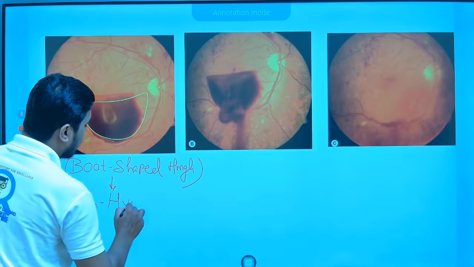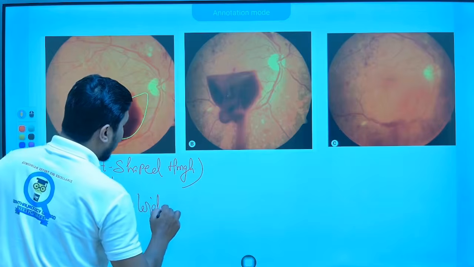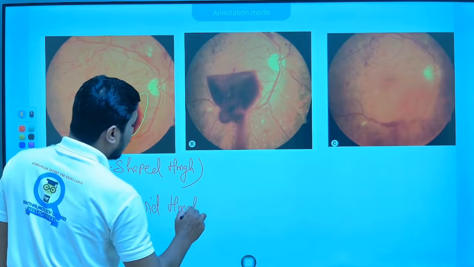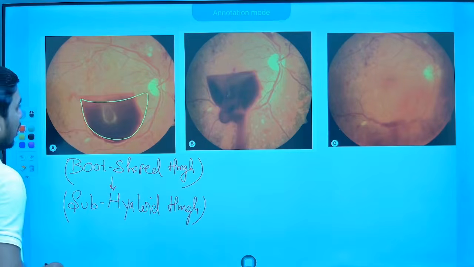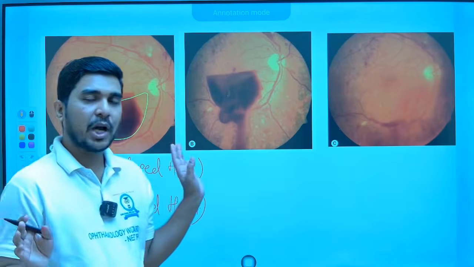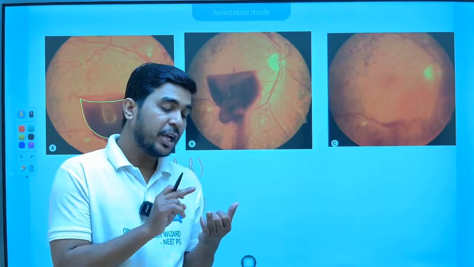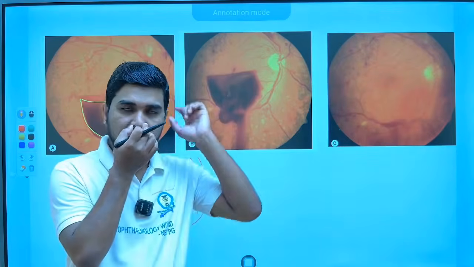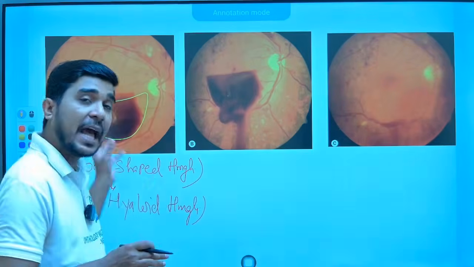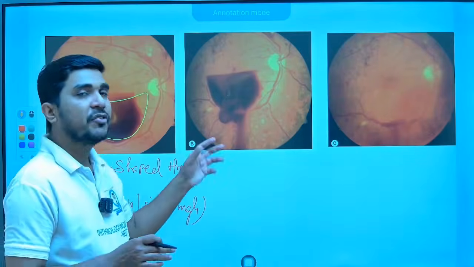Subhyaloid hemorrhage. And when there is a subhyaloid hemorrhage, what is the treatment? Cause can be anything. Cause can be trauma, Valsalva's procedure. But whenever it happens, what is the treatment?